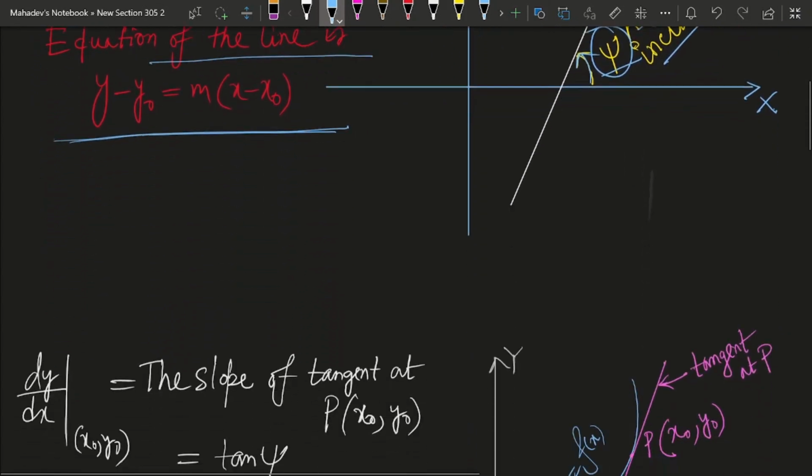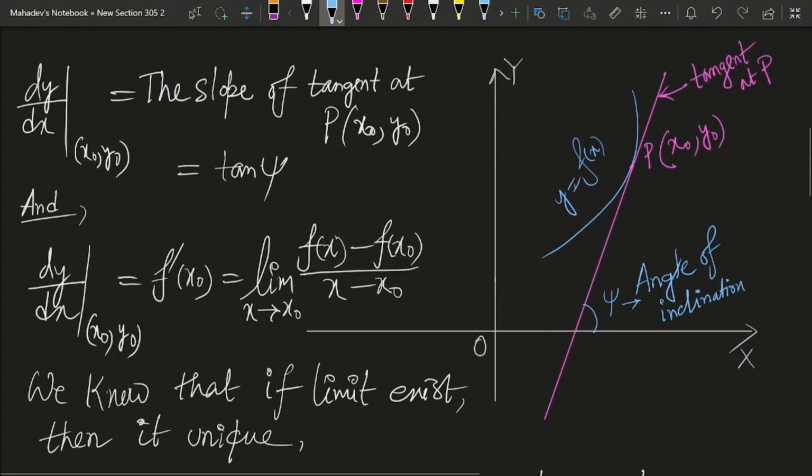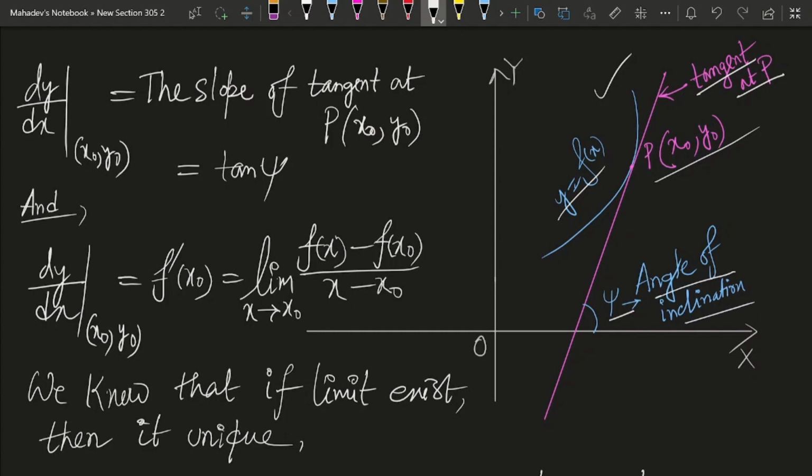So back to the main topic. Here we consider a curve y equals f(x), and take a point P(x naught, y naught) on the curve. Just draw a tangent at P, which makes an angle psi with the positive direction of the x-axis. This is the angle of inclination of this tangent.